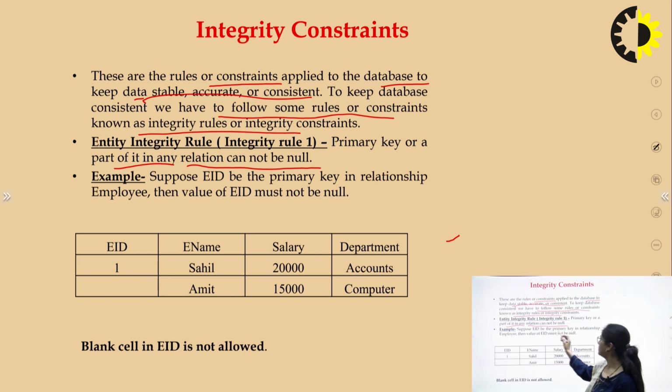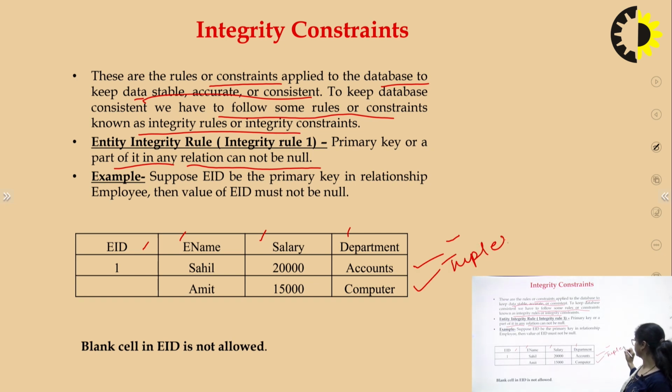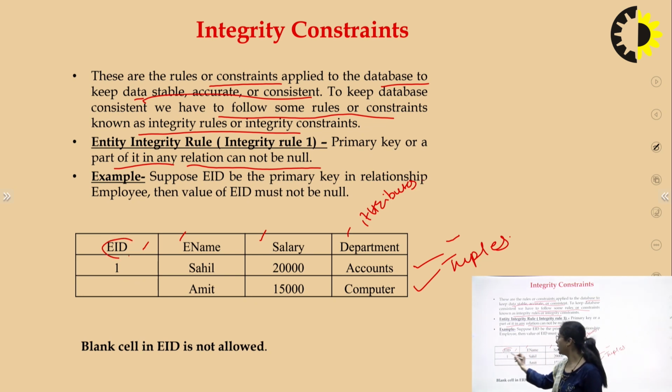Suppose employee ID is the primary key. Let's take an example. This is a relational database model in which employee ID, employee name, salary, and department are the attributes. We call all these columns attributes, and these rows are the tuples. Now employee ID is the primary key.